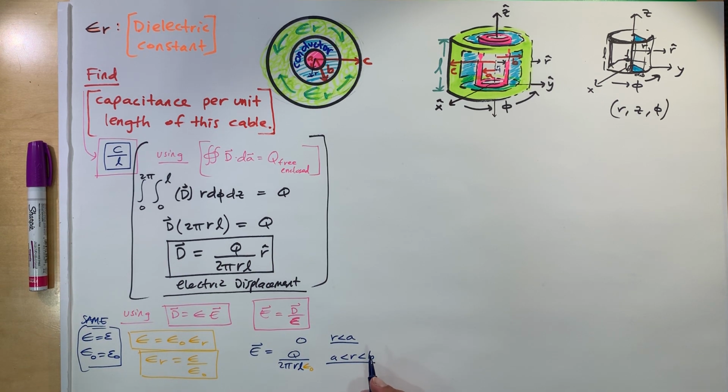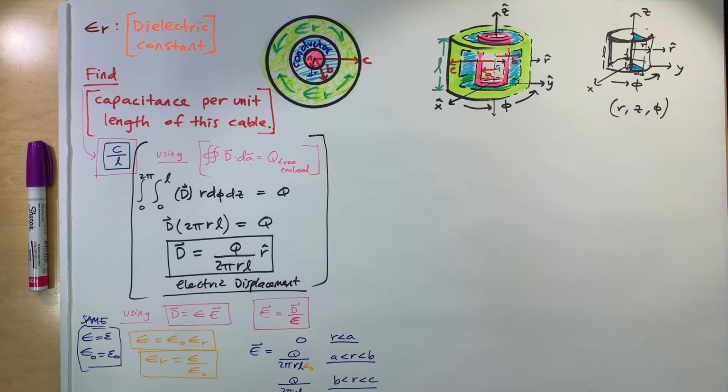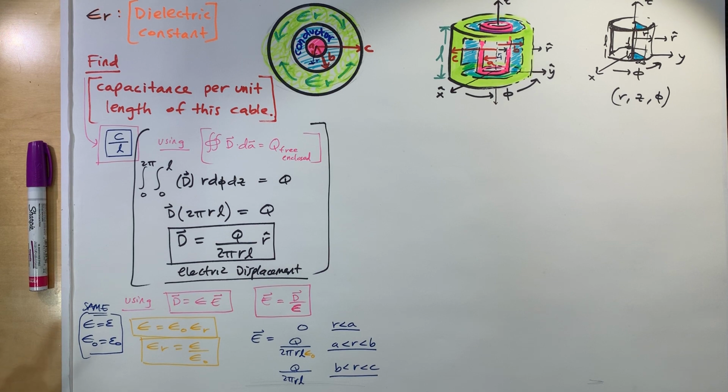And then for the area between B and C, you're gonna have specifically the dielectric constant that was given. So let's write epsilon R. Actually, we're gonna just write epsilon. So this one is epsilon naught, and this one is absolute epsilon, and we're gonna leave it like that.